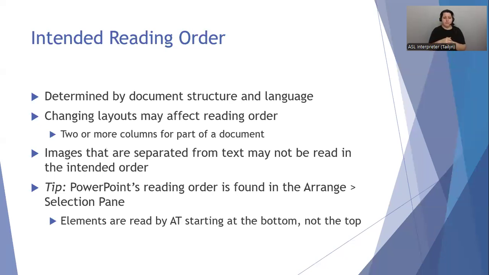So images that are separated from text may not be read in the intended order. A lot of the time people like to make the images floating, because that lets you control where exactly on the page they're going to be. But that doesn't necessarily mean that even though visually you see that image floating to the right of a paragraph, the screen reader is going to find that image there.